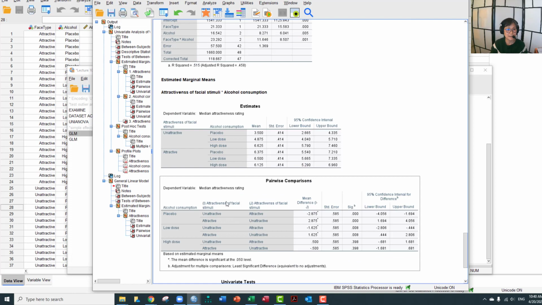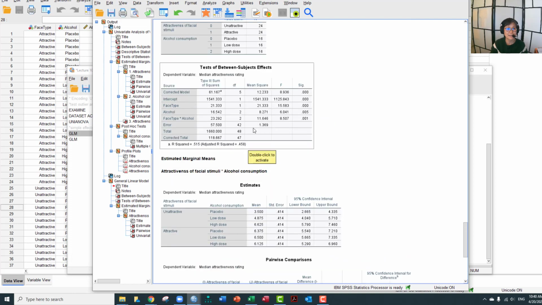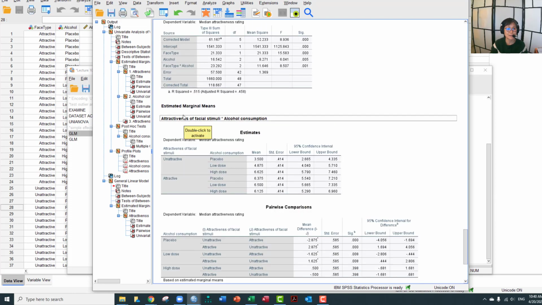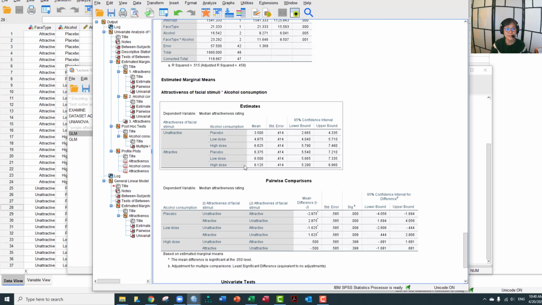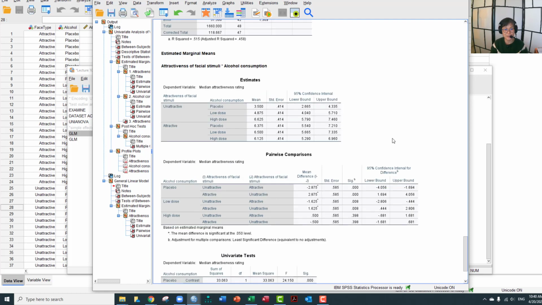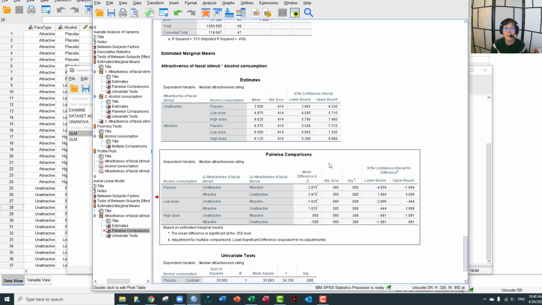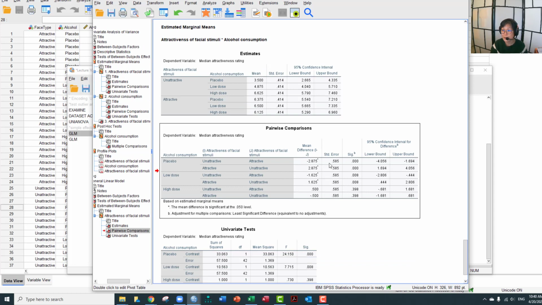Then the output is exactly here, estimated marginal means, with descriptive stats and confidence intervals. Pairwise, now we read this one when we have an interaction effect with a factorial design like the one you used.